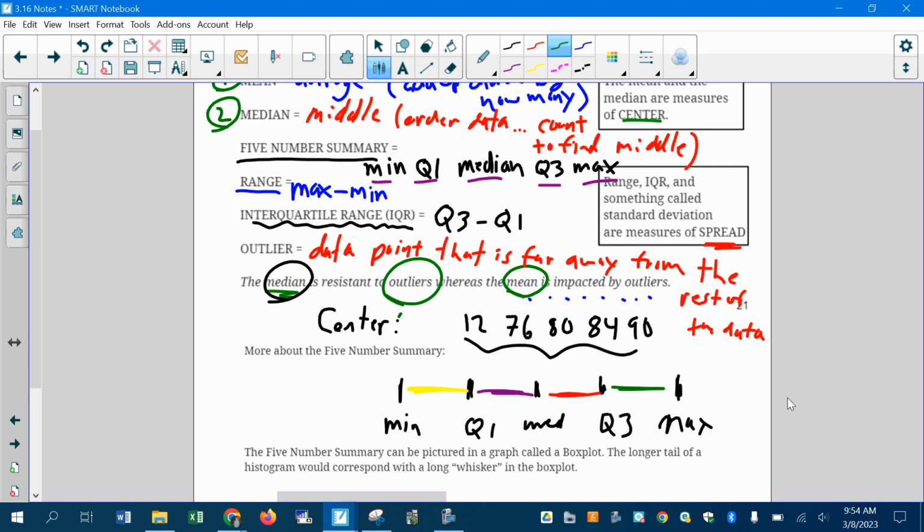So if you look at a bunch of test scores and I say, hey, Q3 is an 89%, what that tells you is that a quarter of the people scored better than 89% and 75%, 3/4 of the people scored lower than 89%. If you know the median, you know that half the people scored above and half the people scored below.